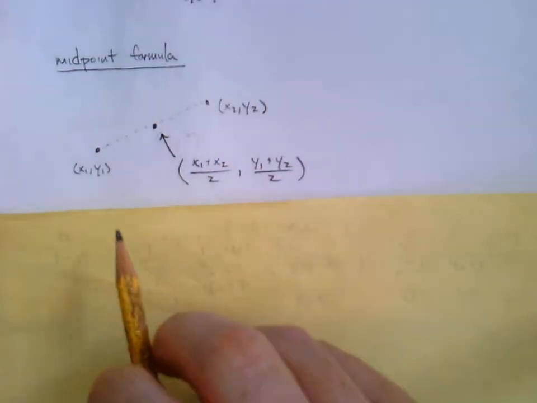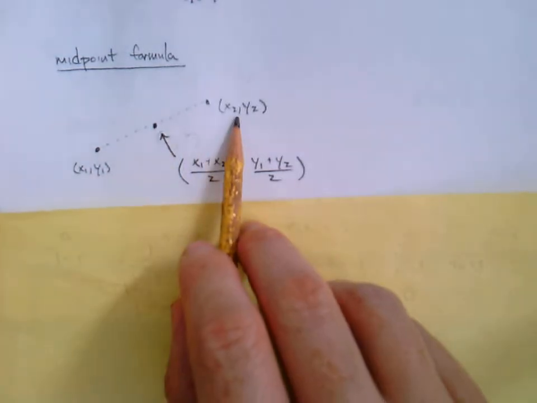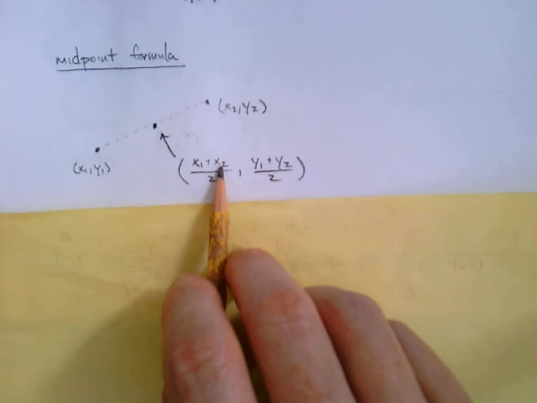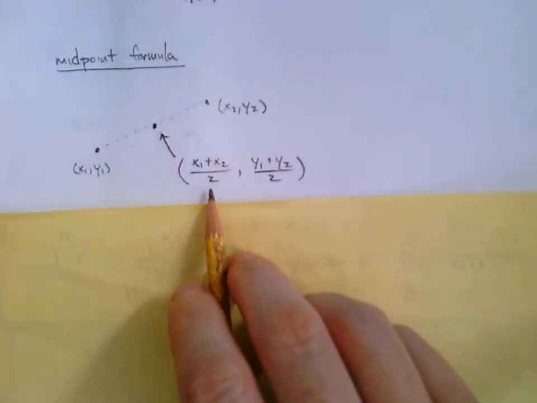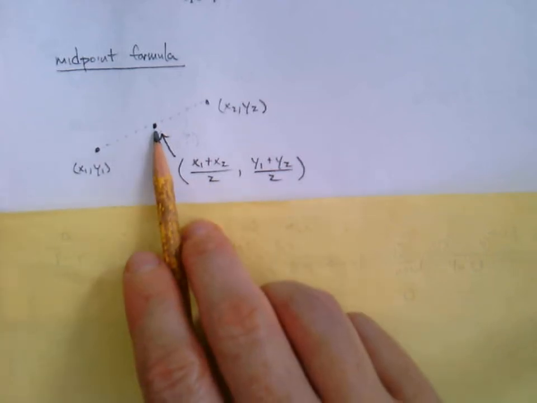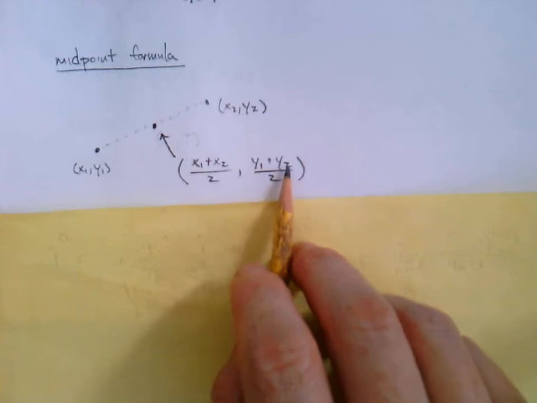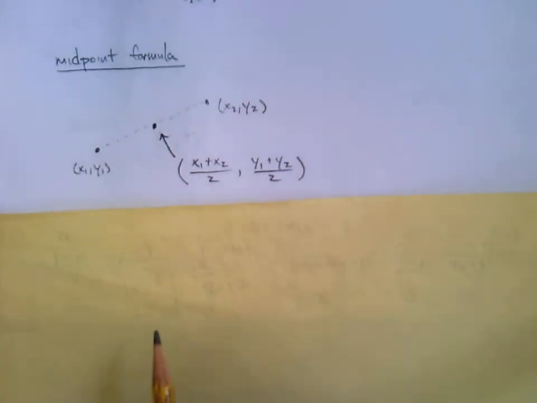If I want the point directly between x1, y1 and x2, y2, I can do this. x1 plus x2 divided by 2, that would be the x-coordinate of that point. And similar for the y1 plus y2 divided by 2, that would be the y-coordinate for that point.